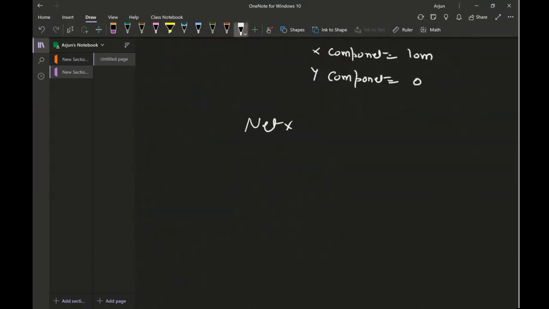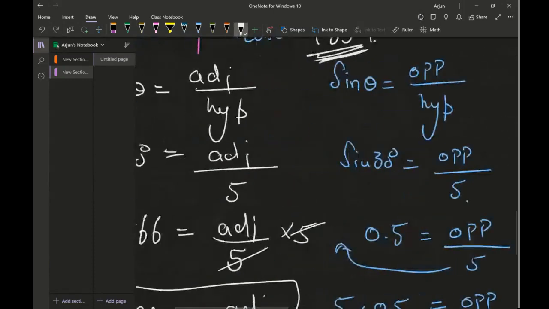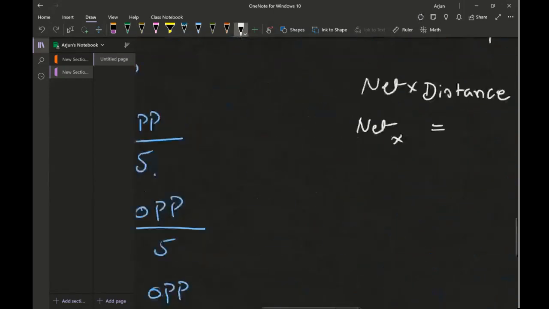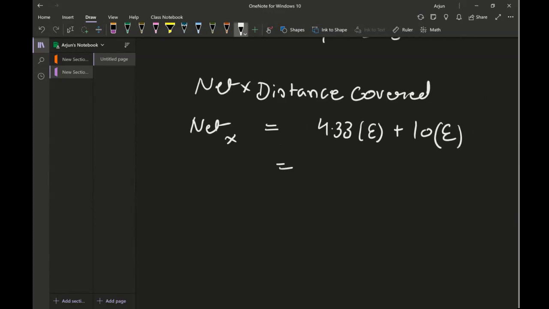So the net x distance covered will be equal to 10 east, which is positive, and the previous one was 4.33 east. Both east means both are positive numbers, so 4.33 plus 10 is 14.33 east.